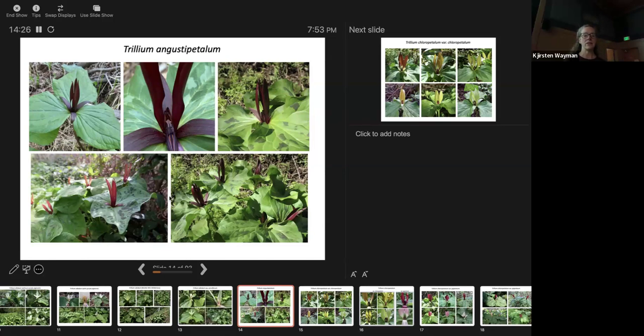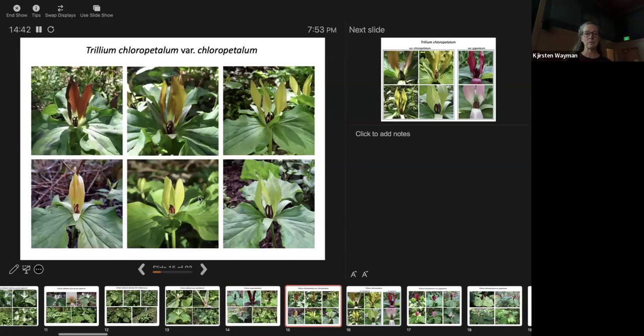But even down here, these two photos are from the same population along the same trail. These just happen to bloom a little bit earlier. And one thing I notice is that the petal color can often fade with flower age. So that might be responsible for that more red color here as opposed to the dark maroon.